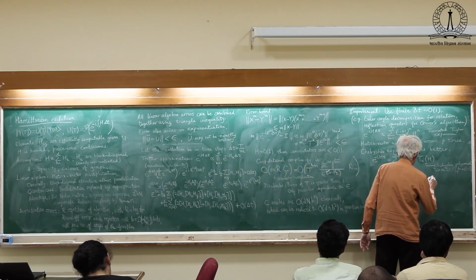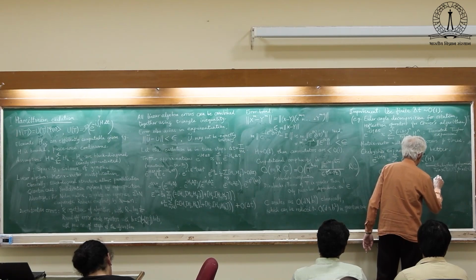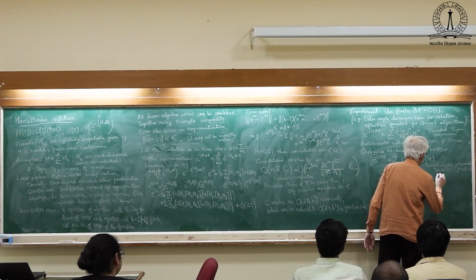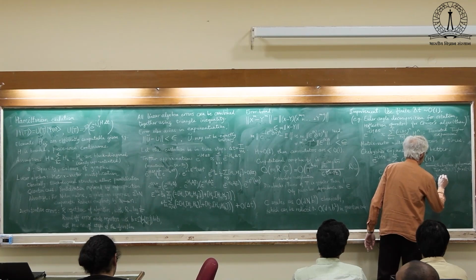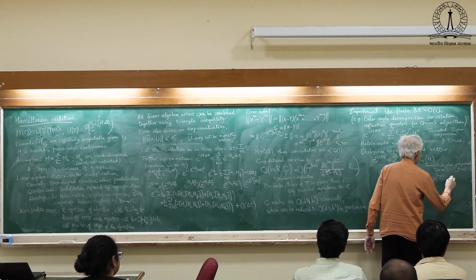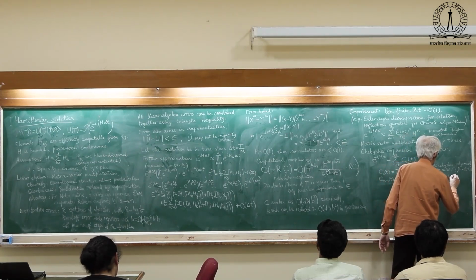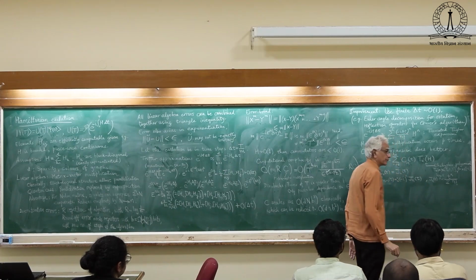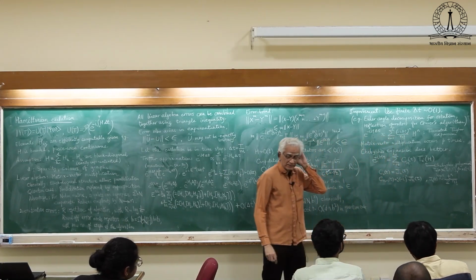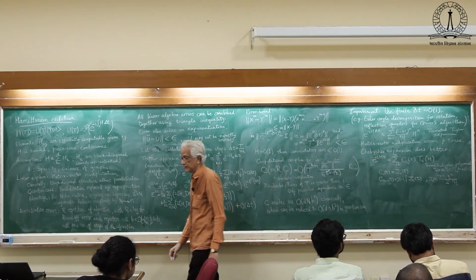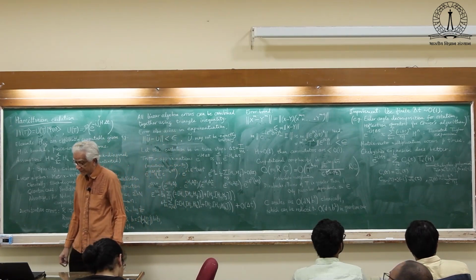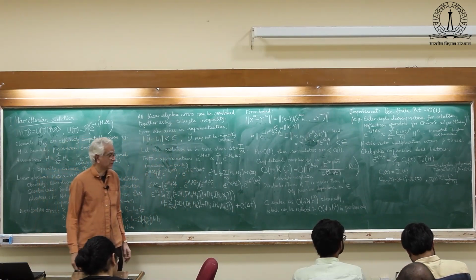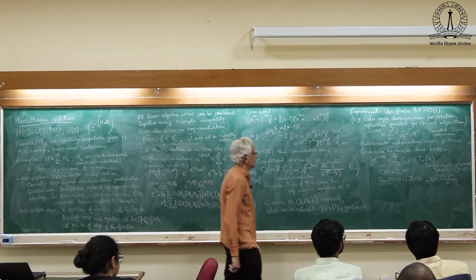So J and T, at large T, behaves like T to the power n, but the denominator is the one which is more important.